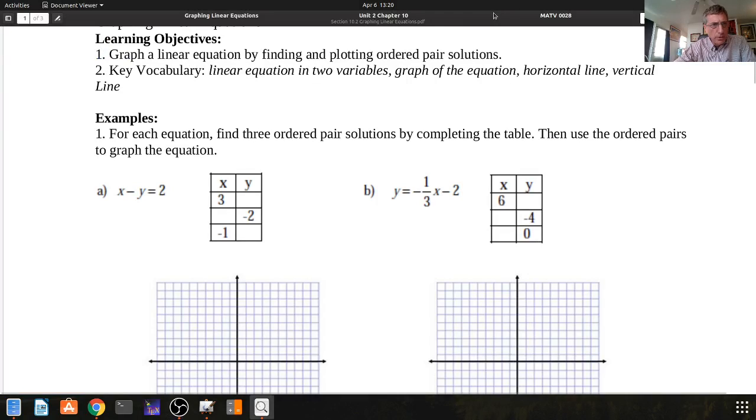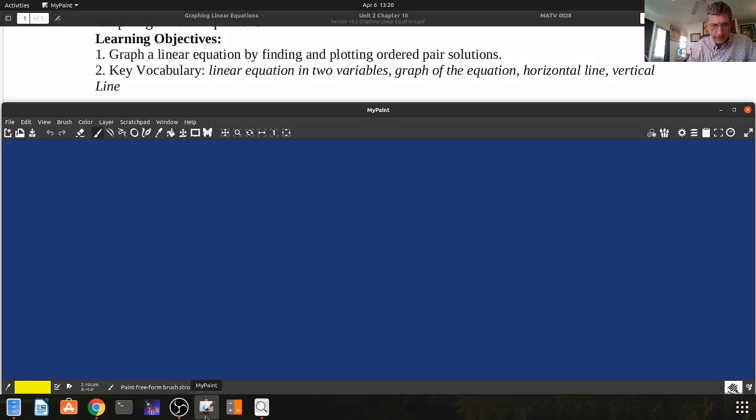Okay, let's do Chapter 10, Section 2. And let me just remind you of some things. So we're dealing with equations.